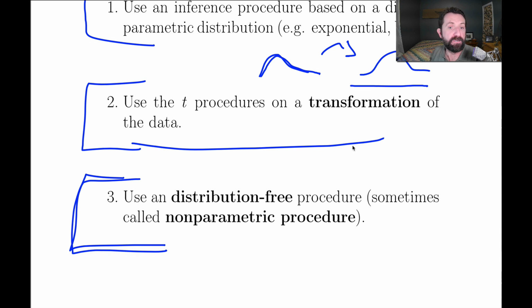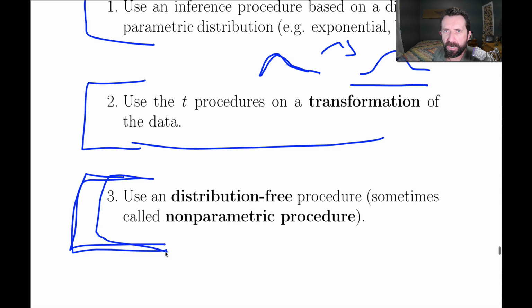So when your assumptions are violated, maybe they don't work so well. But these distribution-free procedures, if you're being street smart about this, are useful in a wider variety of places. So there are going to be spots where they're not as good as other procedures.